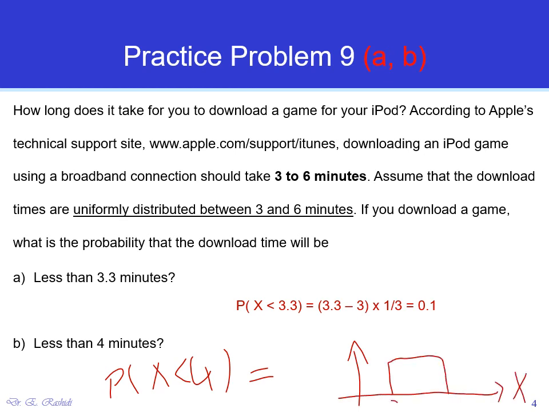This is 3 and 6 originally, and our problem is less than 4. Suppose 4 is here. So we are looking for the blue shaded area here. The base is 4 minus 3, which is 1, and the height is 1 over 3. So it would be 1 over 3 multiplied by 1, which is 1 over 3, which is 33%.